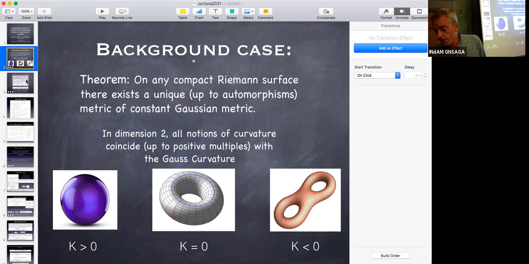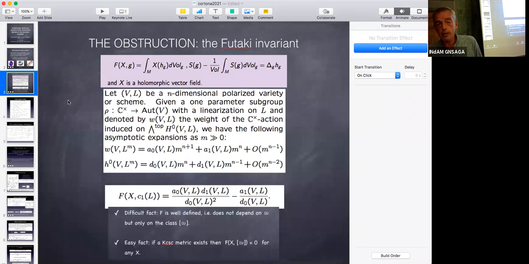Now, this is known to be false since at least the mid-80s, thanks to the work of Futaki. Futaki came up with the definition that you see in violet on top. The ingredients to construct the number he invented are the following. You take a compact Kähler manifold, where the Riemannian metric is g.